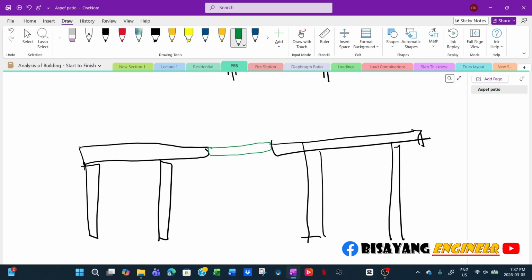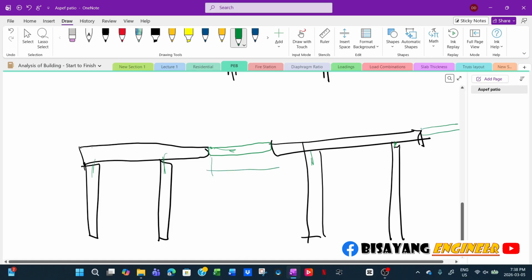It will be easier for erection also because they will erect this part first, then this next, then the third is here, and then another. The next one will be a smaller beam also because the load on this is usually half of the entire. If this is L, then this is usually L over two most of the time.